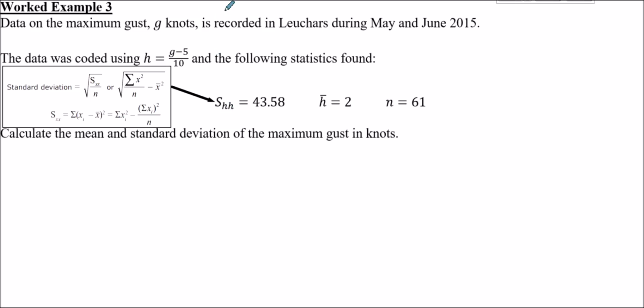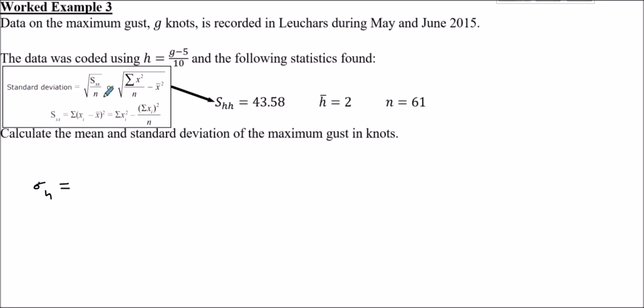So as you can see here, all we need to do is actually take this thing here, divide by the number of data elements and square root to find the standard deviation of g. Okay, so sorry, that's for h. And to go back to g, we use this coding formula. So what we can do here, using this idea, is we can work out the mean of h, which we already got actually, so we can now work out the standard deviation of h.